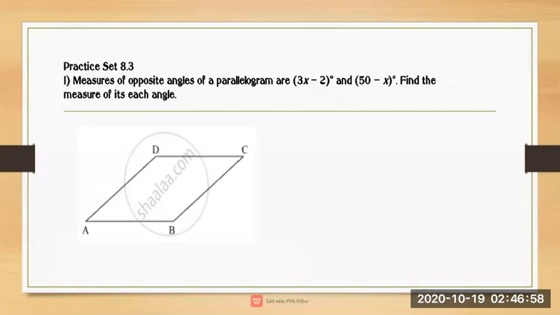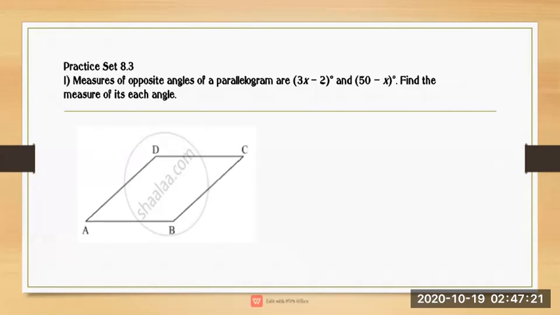Here the question gives the measures of opposite angles in a parallelogram: one is 3x minus 2 degrees and the other is 50 minus x degrees. You have to find the measures of each angle.